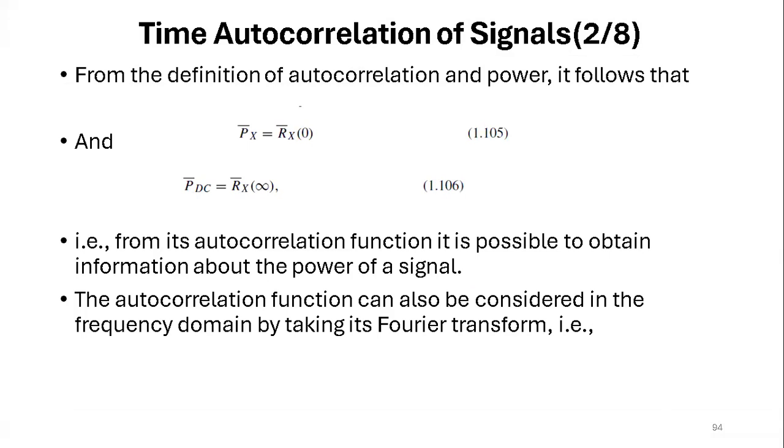From the definition of autocorrelation, power follows that Px equals Rx(0) and P_DC equals Rx(infinity).